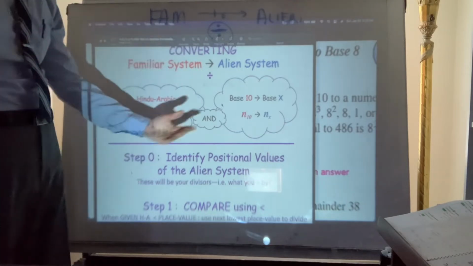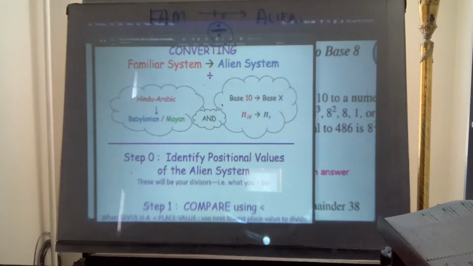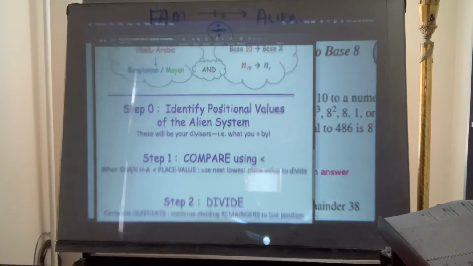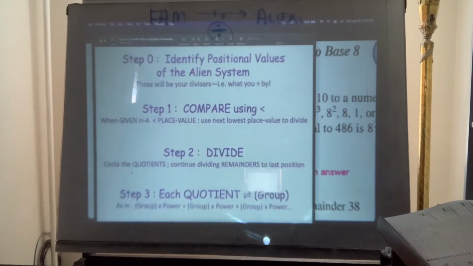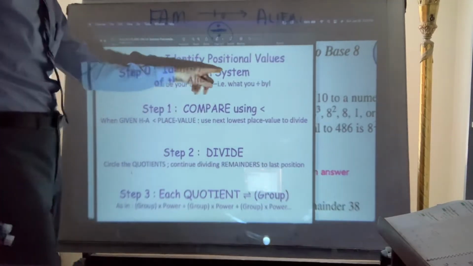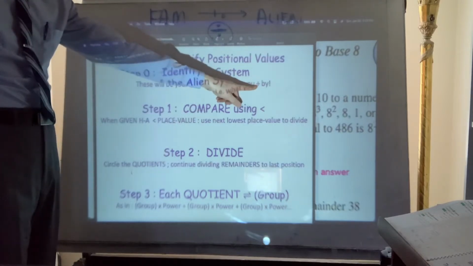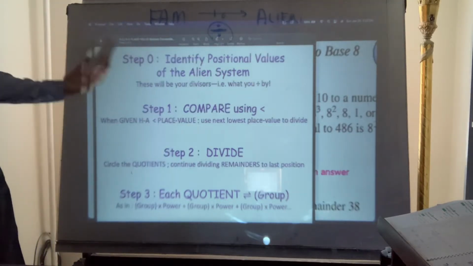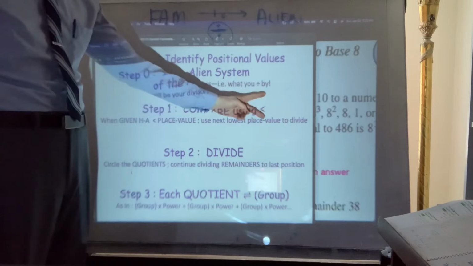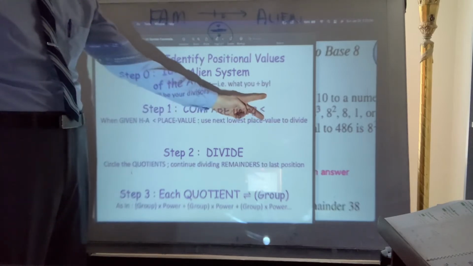What does that entail as some idea of procedure here? Let us identify the position values of the alien system. These are the things that you're going to be dividing by. Then compare them to the given value, less than, greater than, so be it.